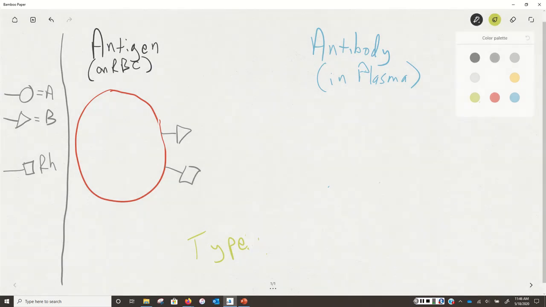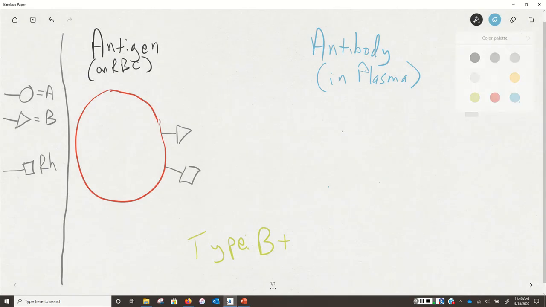They would be type B positive. They have the B antigen and they have the Rh antigen. So they are positive for Rh. They are type B positive. They have the B and Rh antigen. What antibodies would they have?